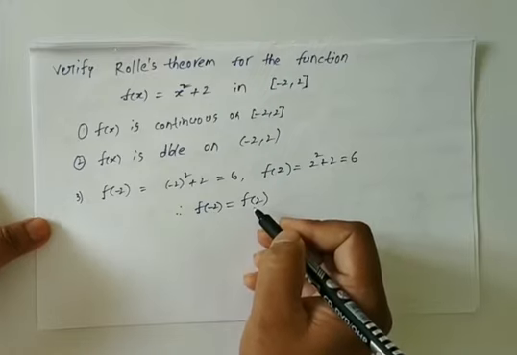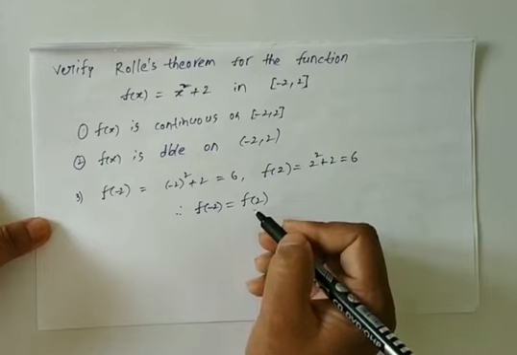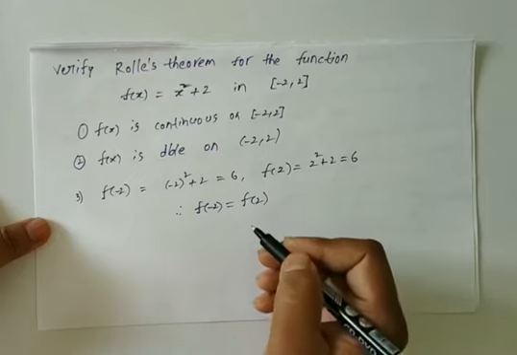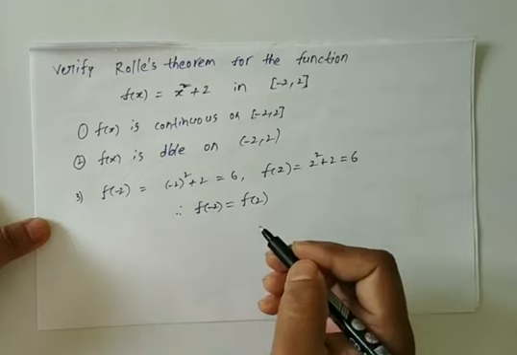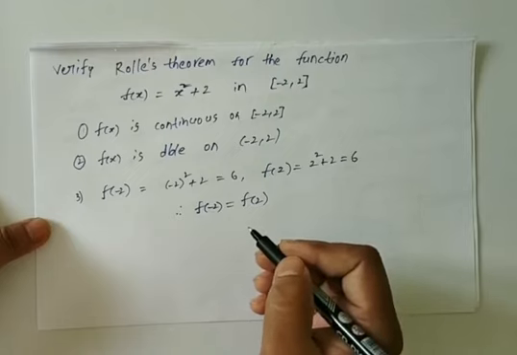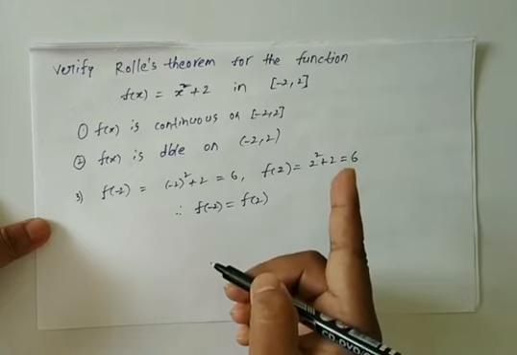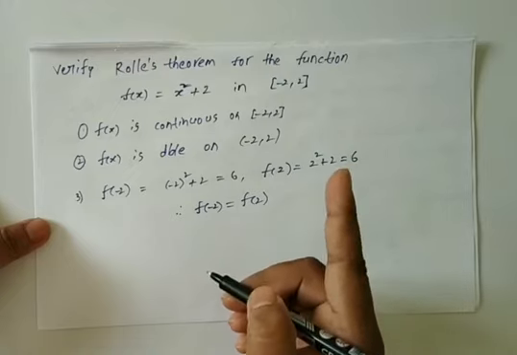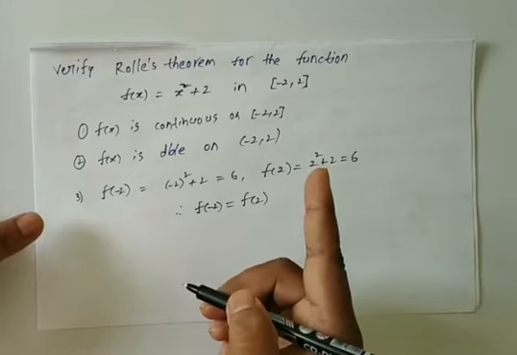So once we have checked, the first, second and third conditions hold good. Now we need to find c values in the open interval minus 2 comma 2 for which f dash c is going to be 0.